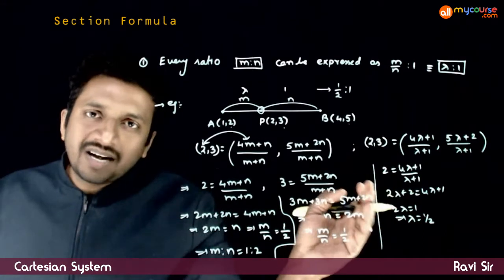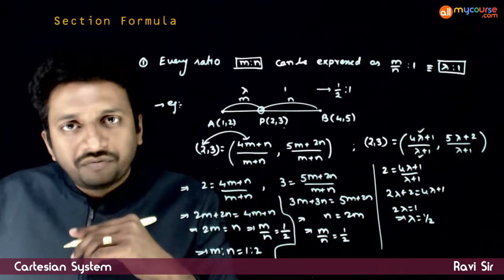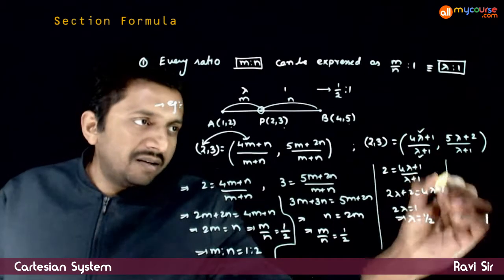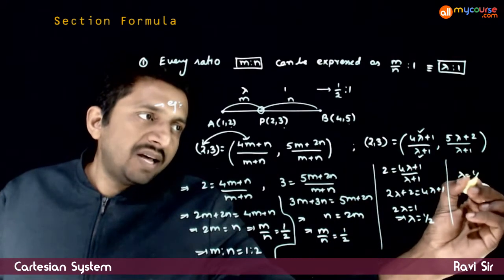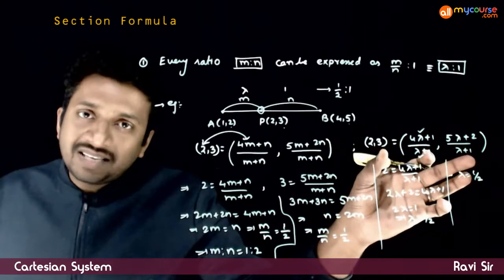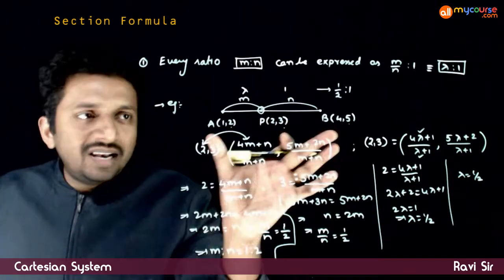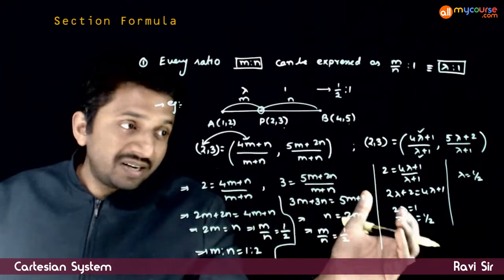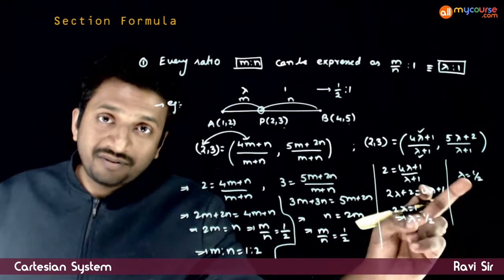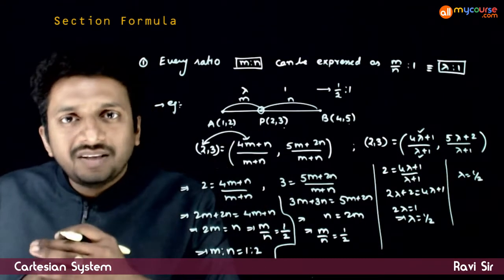This is a slightly better process where you have only one unknown instead of two. If you get the same λ = 1/2 from the second equation also, that means the point lies on the line segment AB. If λ turns out to be different from half, the point P does not lie on the line segment AB.